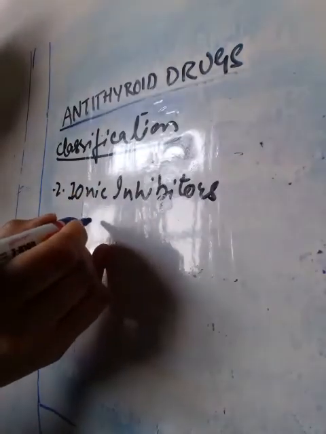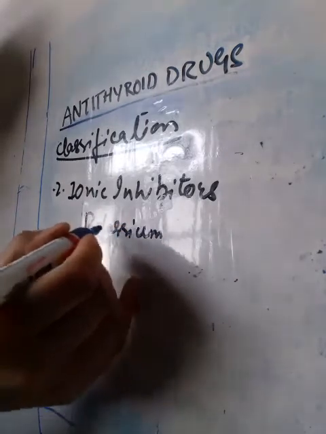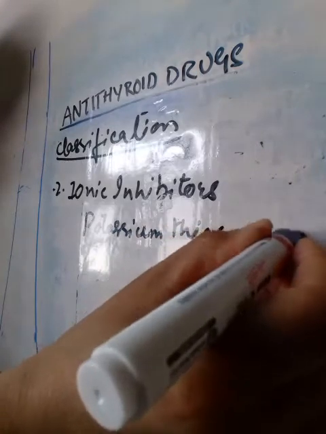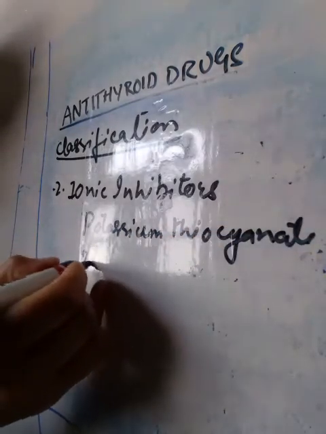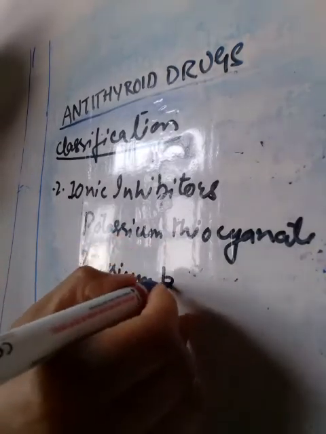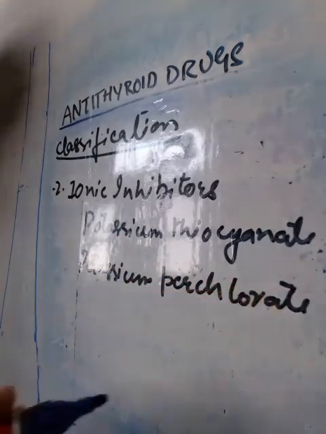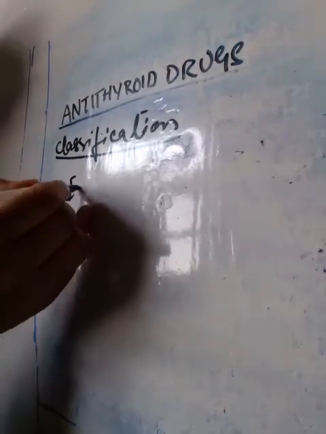In this group of drugs, we have potassium thiocyanate and potassium perchlorate. Next group of drugs is iodides.